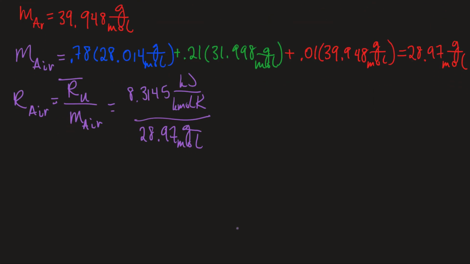Now let's take a quick look at the units. Kilojoules per kilomole Kelvin on top, and we're dividing by grams per mole, so we multiply by the reciprocal, moles over grams. We want this moles to cancel out with this kilomoles.